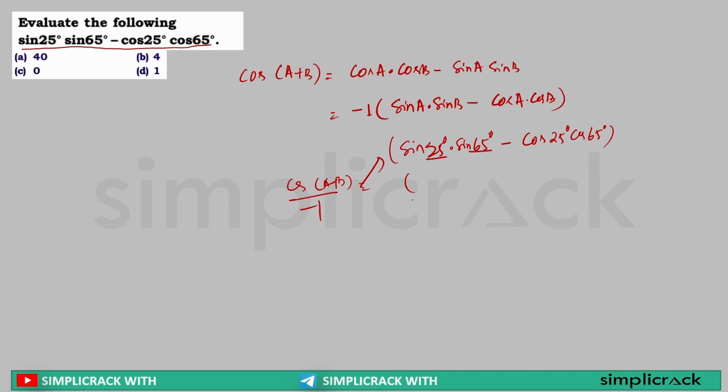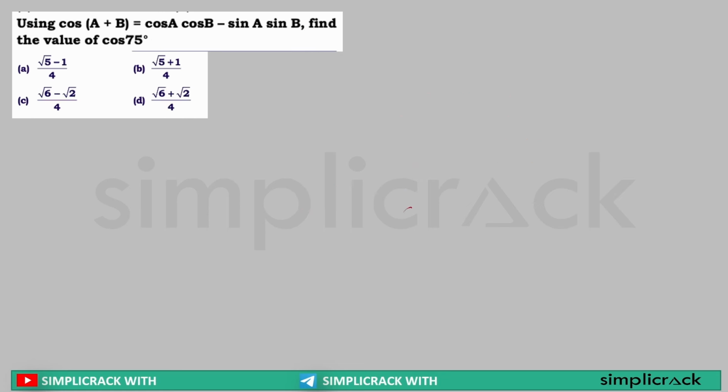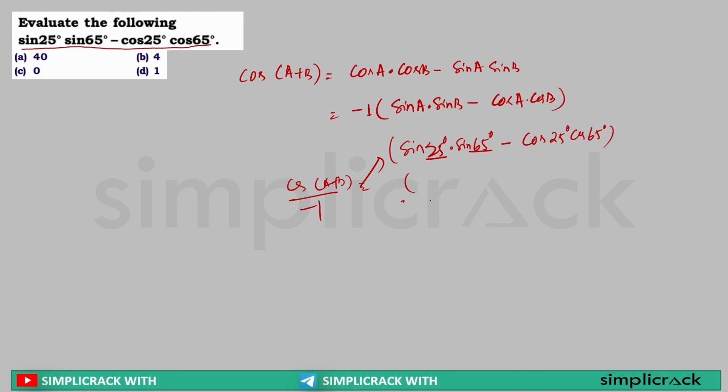Now this is A, this is B. So this is equal to cos(25 degree plus 65 degree) divided by minus 1. Sir, cos(25 plus 65) is equal to cos 90. So cos 90 degree divided by minus 1 is equal to 0 by minus 1, which is equal to 0. Answer option C. Clear? Sorted? Yes or no?